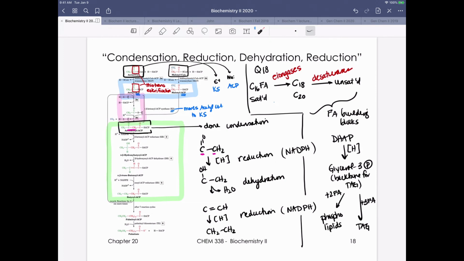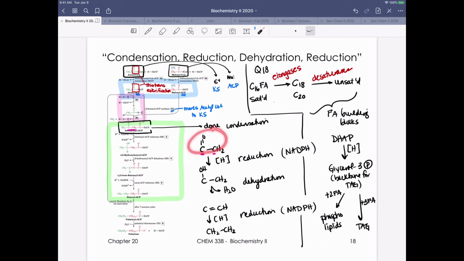All right, so here is the chemistry that then happens with fatty acid synthase, right? So remember we had oxidation, hydration, oxidation, cleavage for beta oxidation. Now we're going to see the opposite: condensation, reduction, dehydration, reduction. Okay, so I spent a lot of time on this slide, but again, what we're going to see is the reversal of these functional groups.